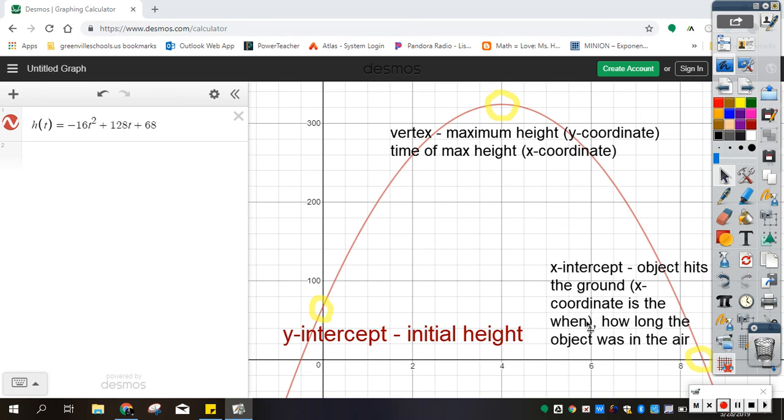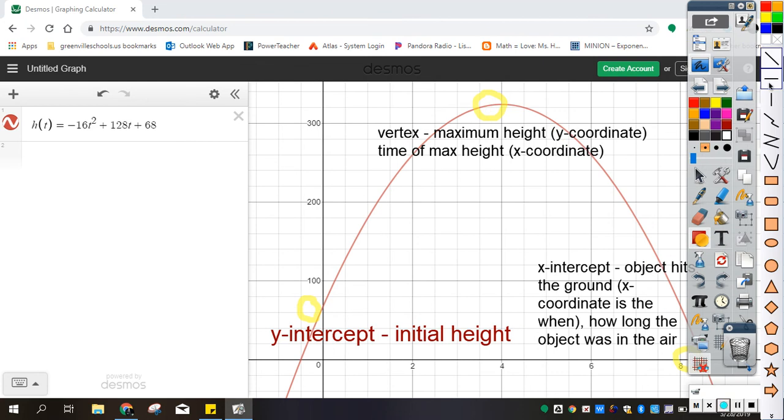So that is a really quick summary of what we discovered through the pumpkin chunking activity and the points of interest on your parabola, your graph. The other thing we did was we discussed how if I took a horizontal line, so let's say I drew a horizontal line, and white does not show up, so let's see, a horizontal line at 100.